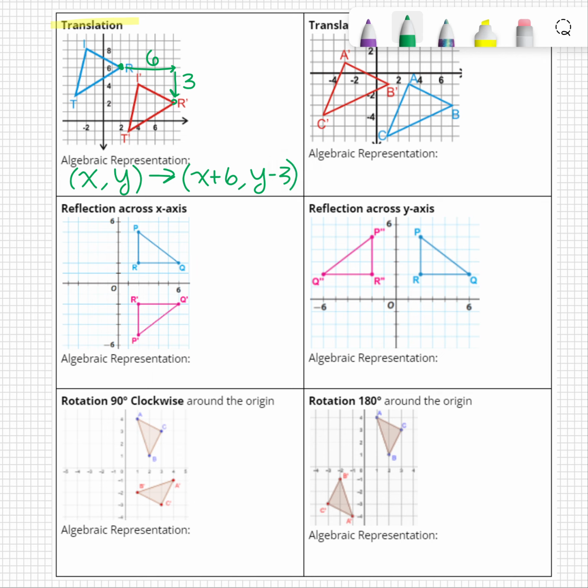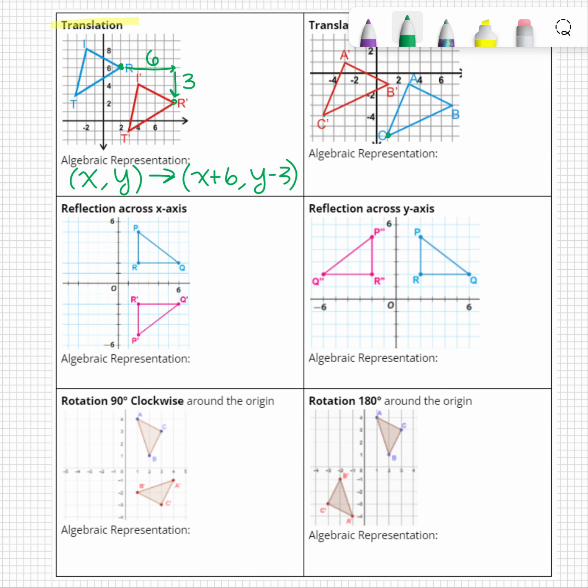Let's look at the next translation example. And you can pick any of the points, any of the original points for A, B, C. I'm going to look at point C, which is right here. And then I'm going to locate C prime, which is in the red triangle on the left, right there.